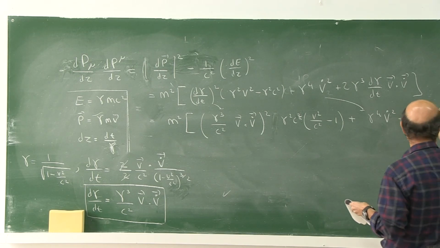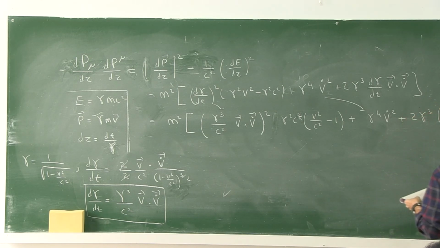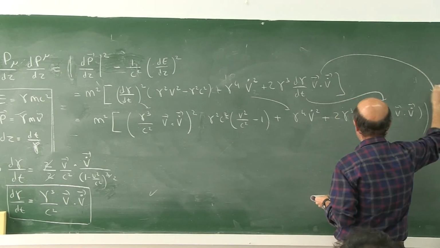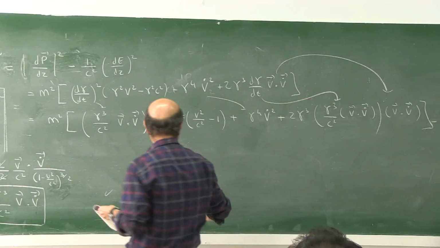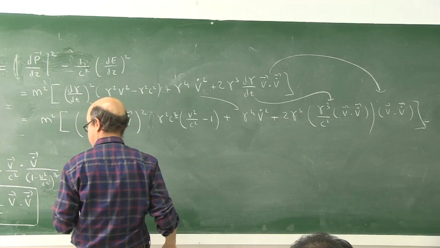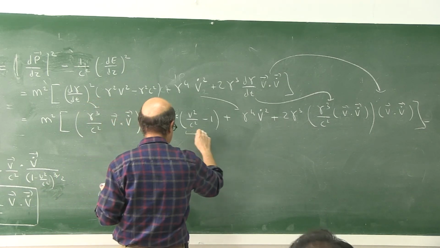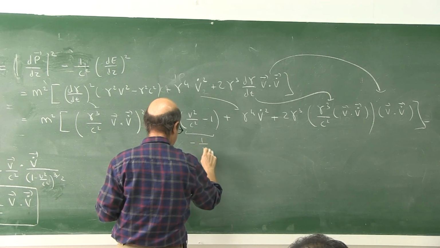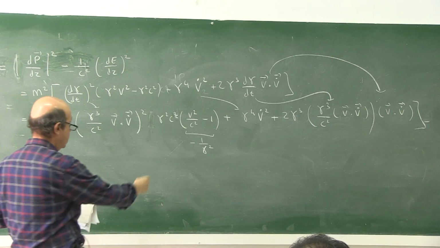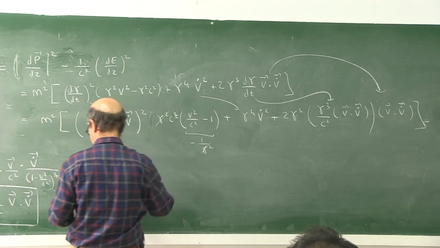Yes, d gamma over dt is this, multiplied by v dot v dot. I think it's okay. So you know that v square over c square minus 1 is nothing but minus 1 over gamma square from here. So this gamma square will be cancelled, and that will be with minus sign.